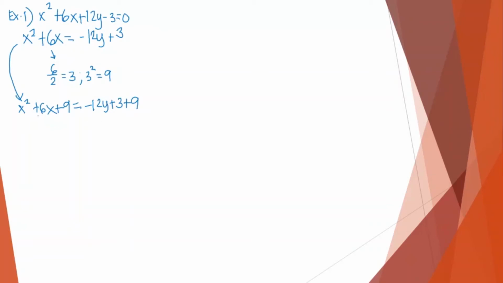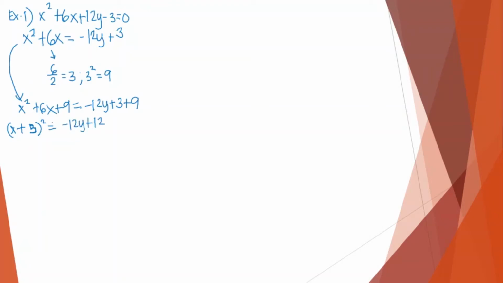Factor out this equation. Factoring that out, that is equal to x plus 3 squared. Try the FOIL method to check if this factored equation is the same with this. And this is equal to negative 12y plus 12.